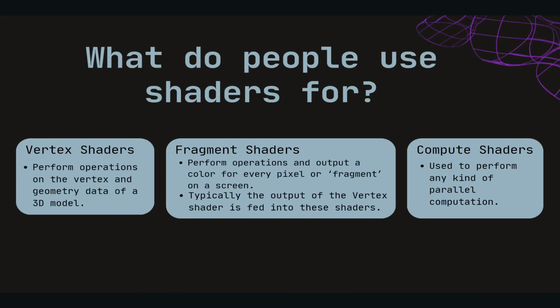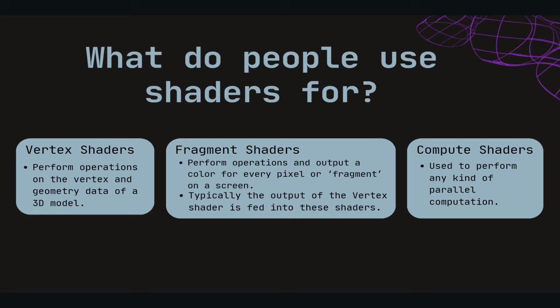So what do people use shaders for before we get into them? When people think of shaders, they typically think of vertex or fragment shaders in the rendering pipeline context. Vertex shaders in computer graphics perform operations on vertex and geometry data of 3D models, like your cow 3D model or something.